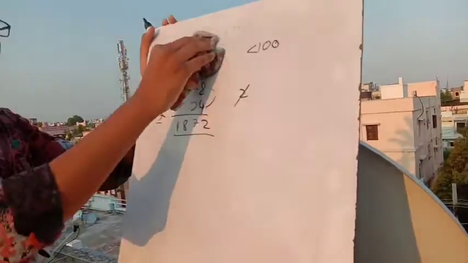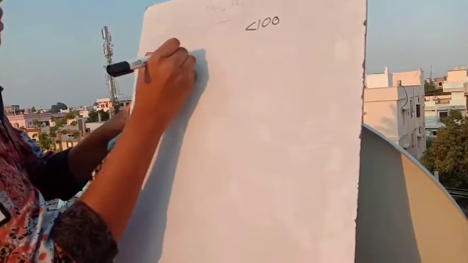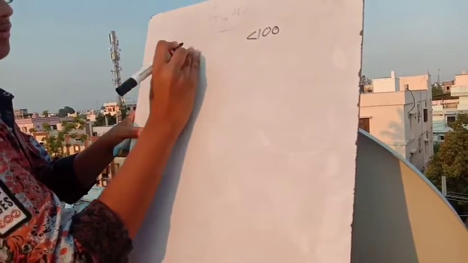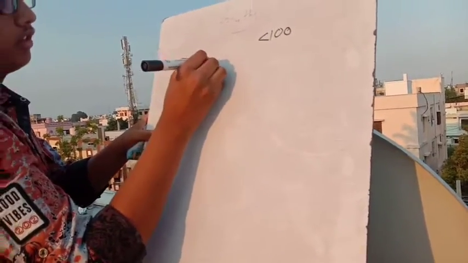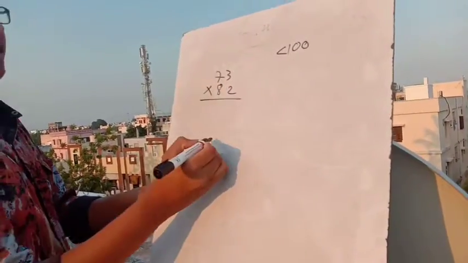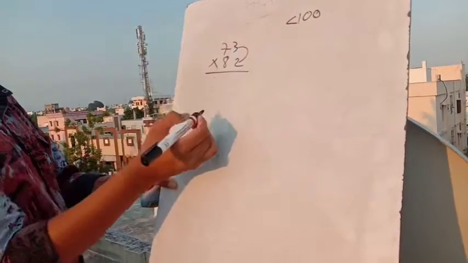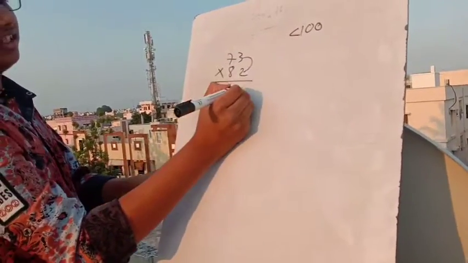Again we do another problem with smaller numbers. Like we will do 73 into 82. So what is the calculation trick here? We multiply this 2 with this 3. So 2 3s are 6.